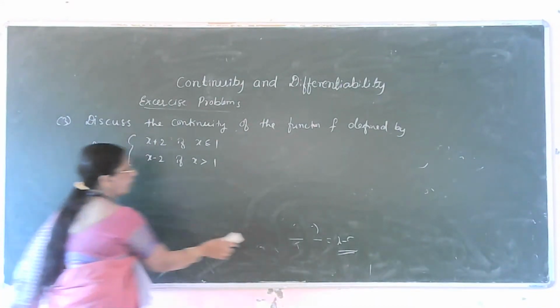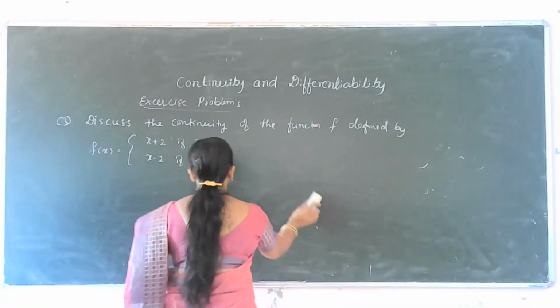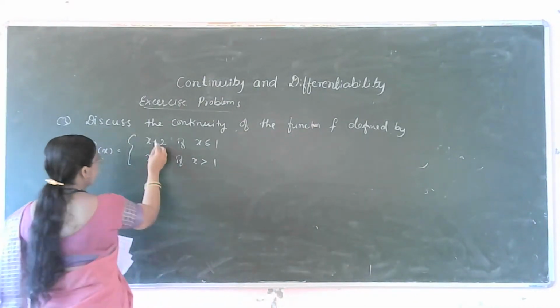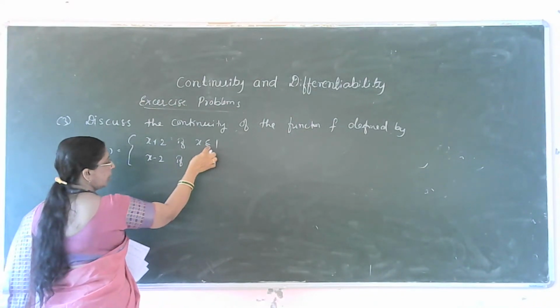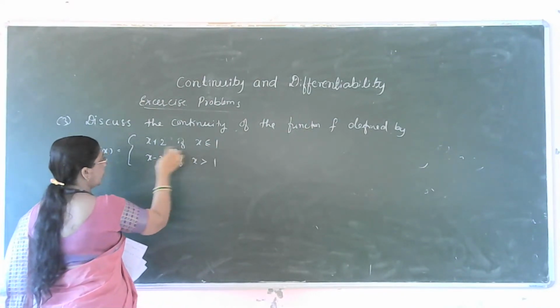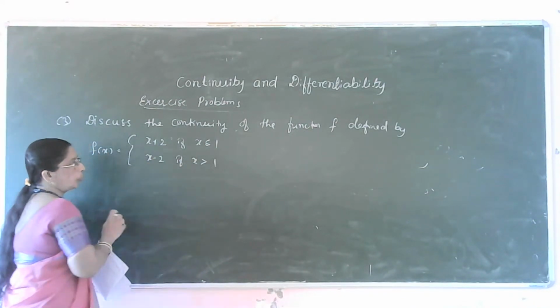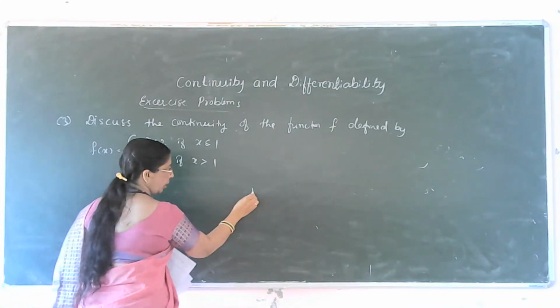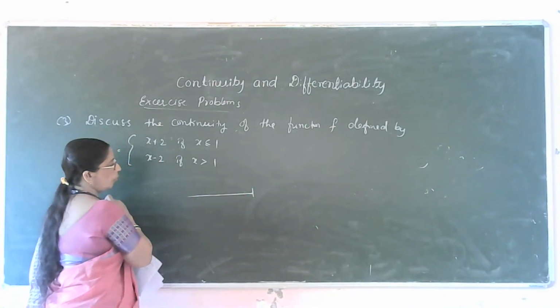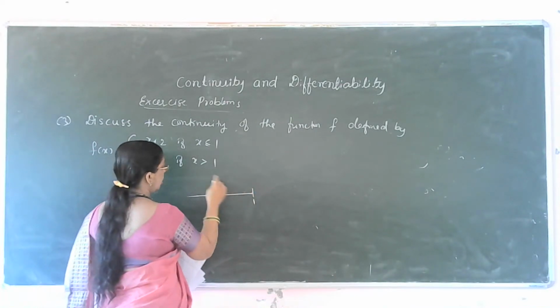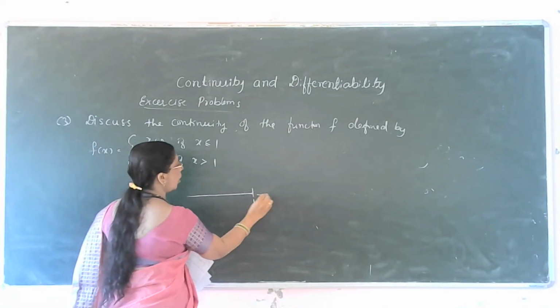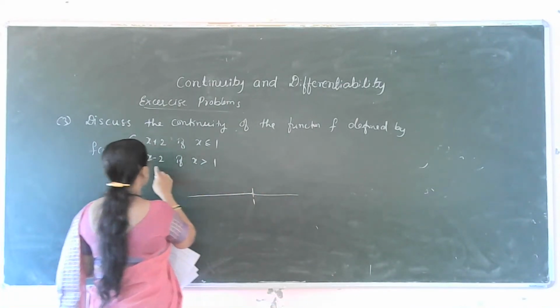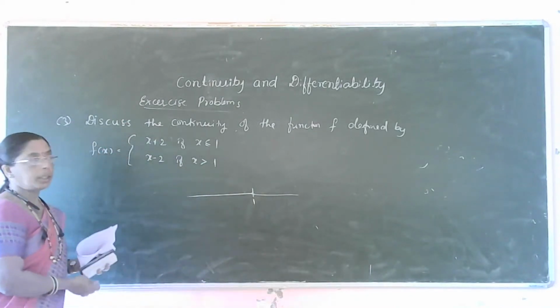Here the function is defined at all points on the real line, because for x less than or equal to 1, it is x plus 2, and for x greater than 1, the function is x minus 2.